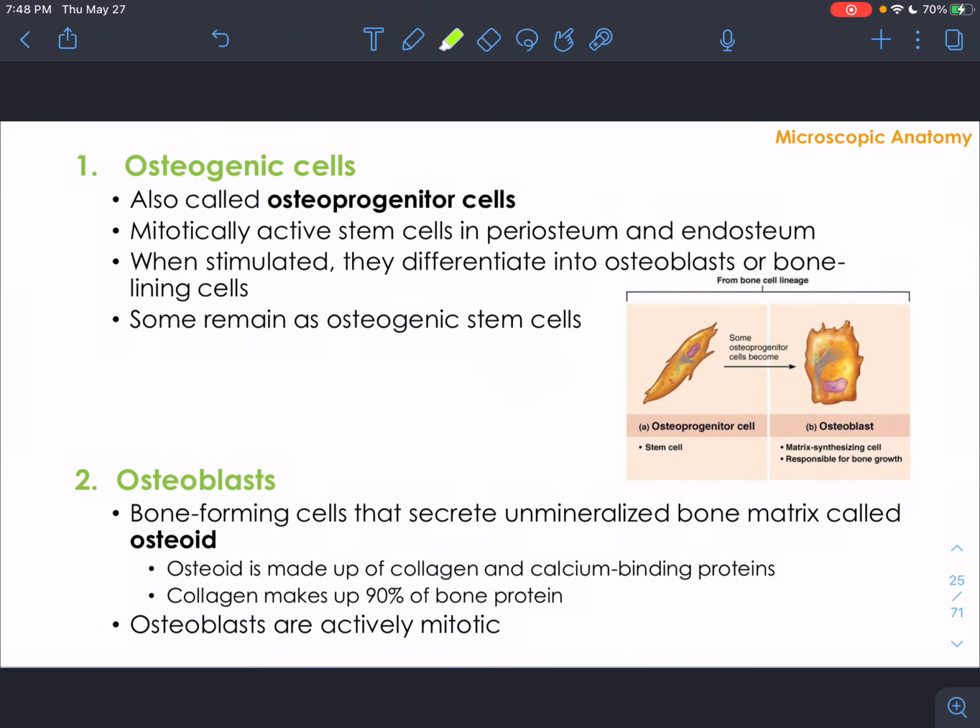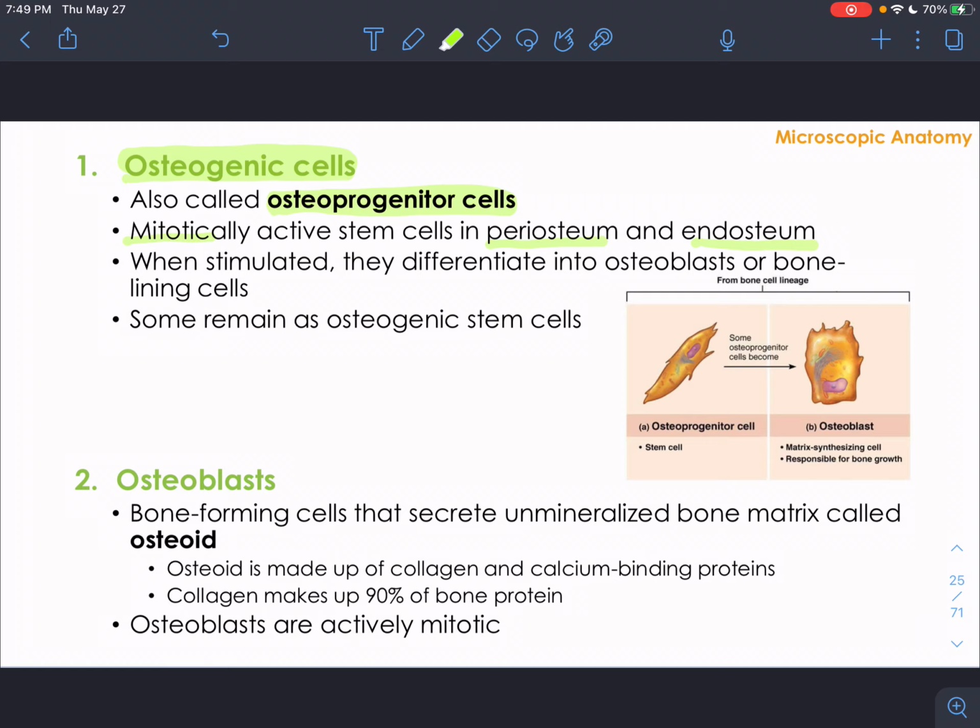Okay, so osteogenic cells, we also already talked about, are the stem cells that are going to be making new bone tissue. So they're called osteoprogenitor cells. They are mitotically active stem cells that are found in the membranes around the bone, so the periosteum and the endosteum.